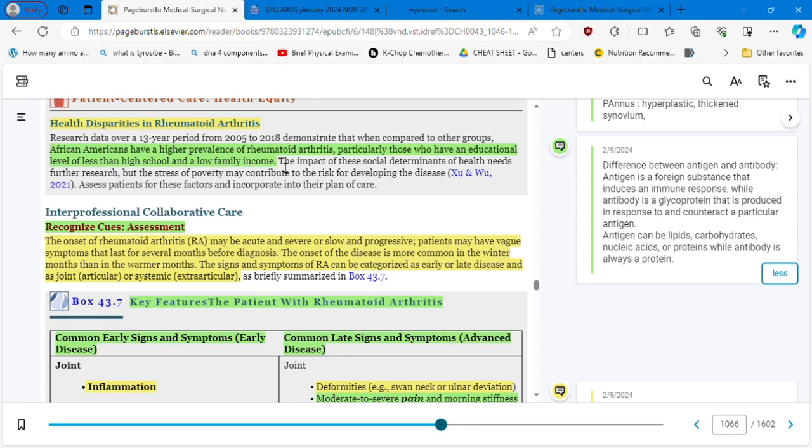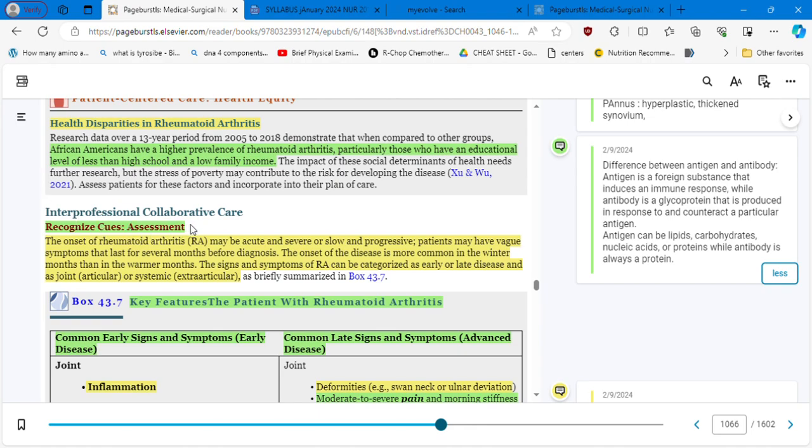Versus if you have the gene, but you are creating a nice environment with good nutrition, supplements, and organic food, now that gene maybe is not going to develop fully to the point of generating rheumatoid arthritis. Follow me on this, my dear nursing students, okay?